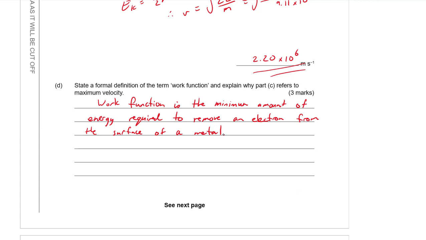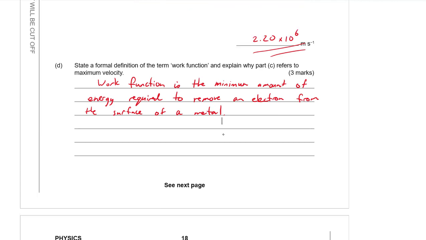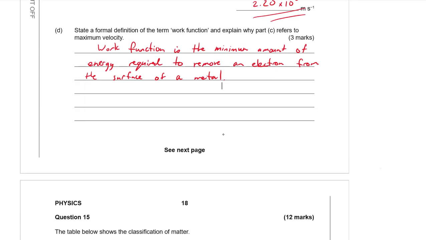Okay, and notice straight away that I've already used half my space, which isn't very helpful for me because I need to answer the next part of the question, which is actually worth twice the number of marks. So part D is asking a very important question, and that is, why do the electrons ejected from the metal have varying degrees of kinetic energy? You know, we can work out the maximum kinetic energy, but why do they come out at different velocities? So the answer you want to give needs to talk about how the electrons, as they're ejected, are not necessarily going to have a smooth trip out of the lattice structure of that metal.